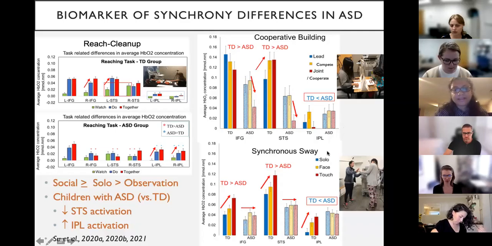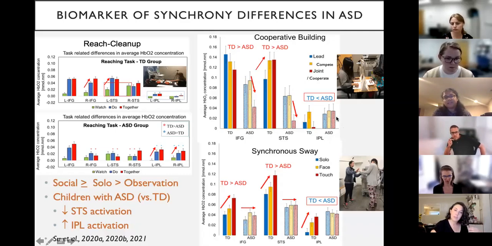So that's that. And then again, here, the IPL region, I don't have a completely depressed IPL here, but in the case of children with ASD, we do see more lack of change. It tends to stay on all the time.